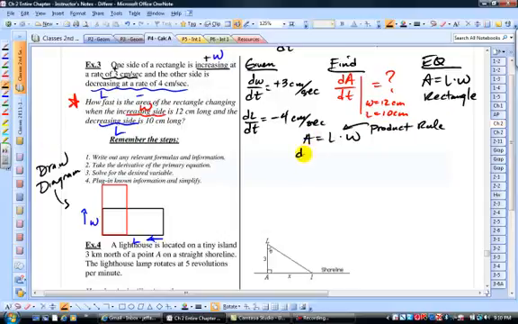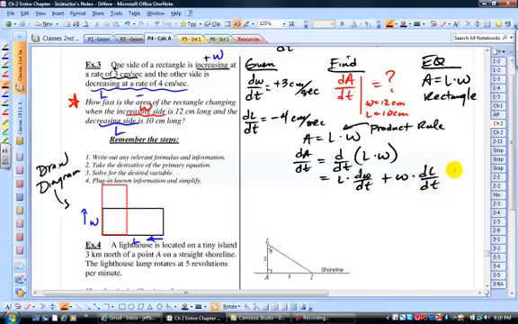When I differentiate the area with respect to time, I get dA dt. And when I differentiate the right side, I have to use the product rule: take the first times the derivative of the second plus the second times the derivative of the first. And what do I get? I get L times dW dt, the derivative of the width with respect to time, plus the width times the derivative of the length with respect to time.